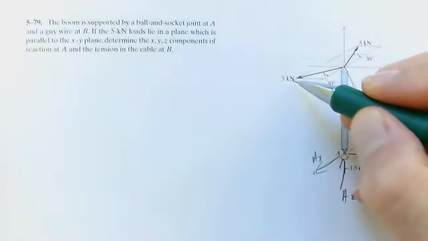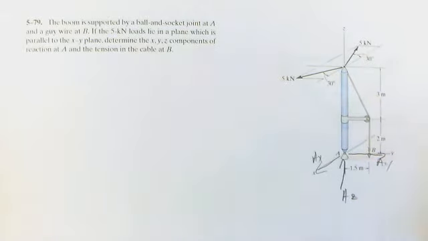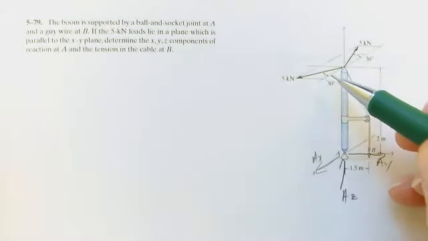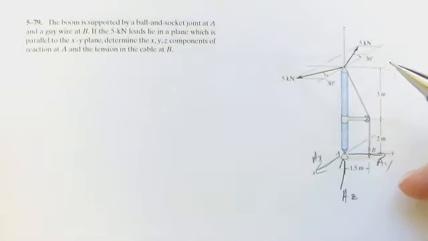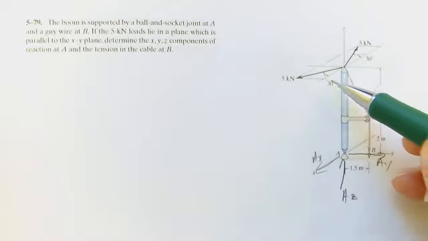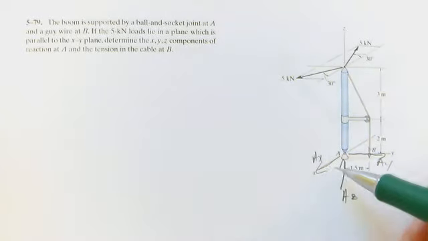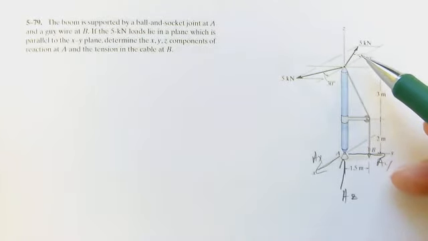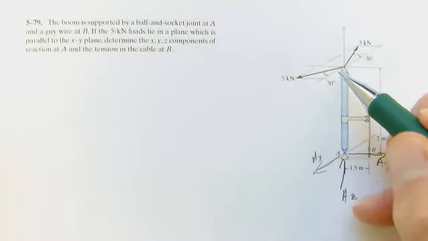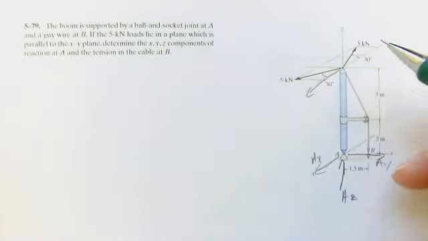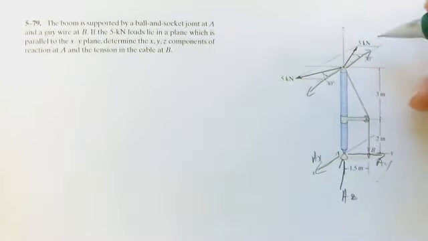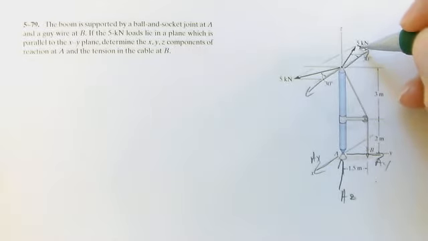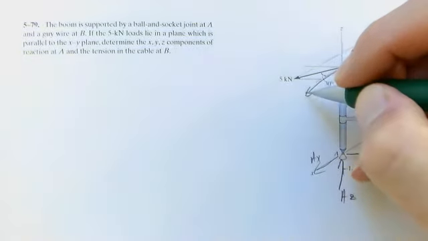We have a force here and a force here. Now those are both 30 degrees from the y-axis, the x-axis. This is the x-axis here, so they are symmetric about that. They're going to have a component here in the x direction, and they're going to have components here in the y direction.